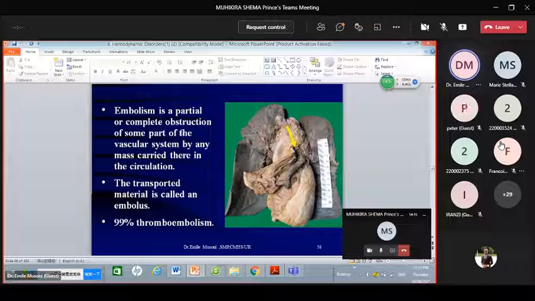It can be even a thrombus, but when in circulation, it is called embolism. So 99% are thromboembolism, meaning that a thrombus will migrate to another part.